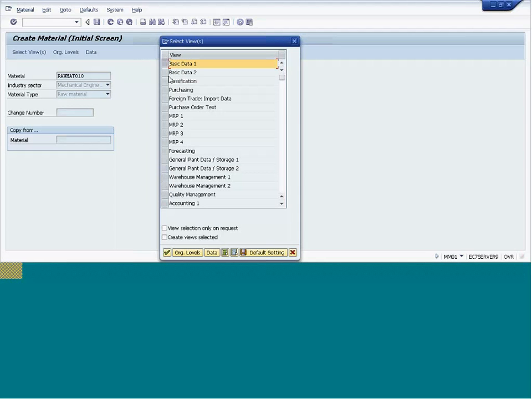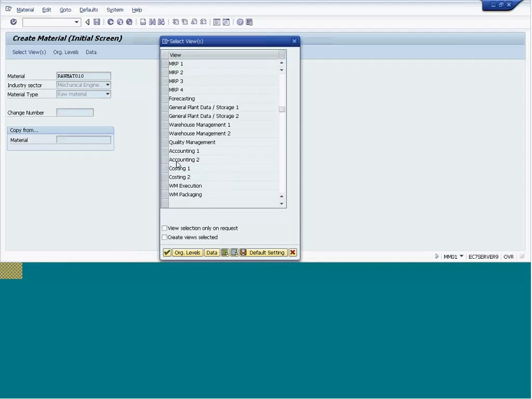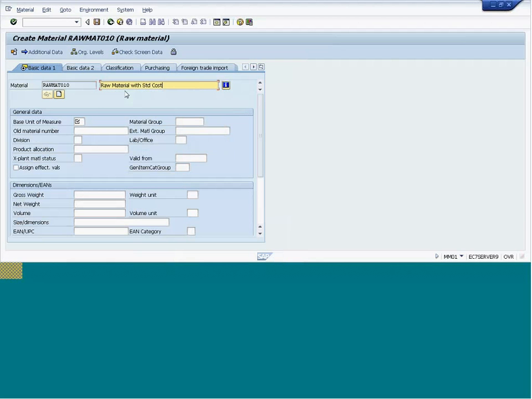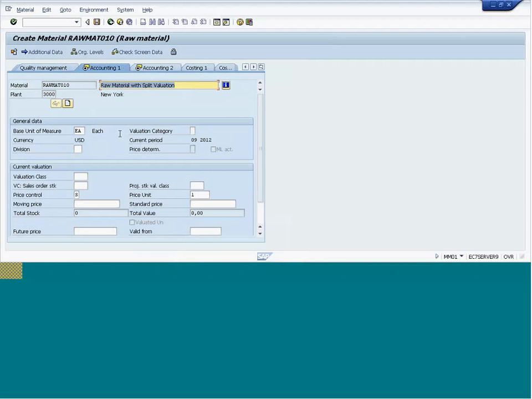Let me show you that, and then we can discuss. I'm going here, plant 3000. Just because I'm writing in the text doesn't mean that it will become split valuation. I'm just kidding. Here, there is a field which is the valuation category.